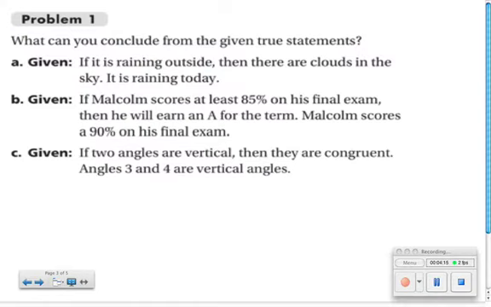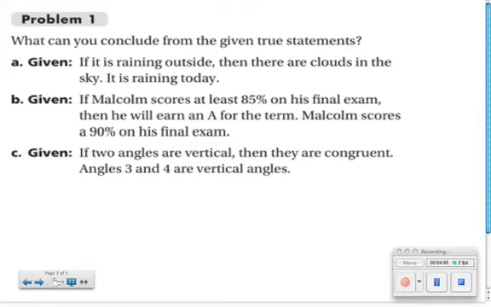So let's take a look at a couple of examples using law of detachment and or law of syllogism. In problem 1, we are being asked what we can conclude from the given combinations of statements. In part A, I have, if it is raining outside, then there are clouds in the sky. It's raining today.